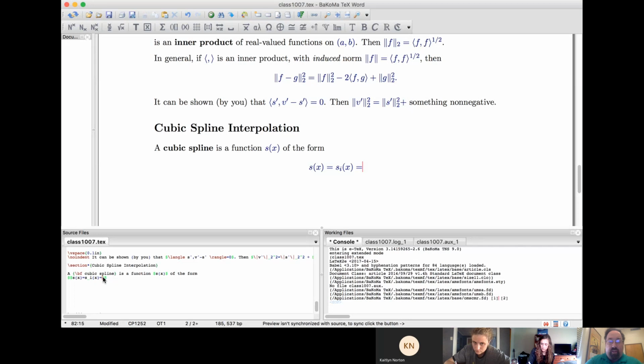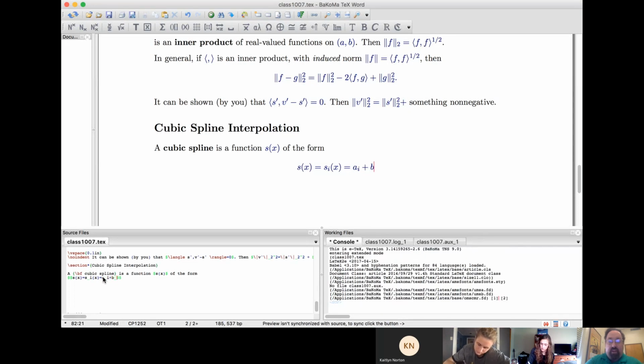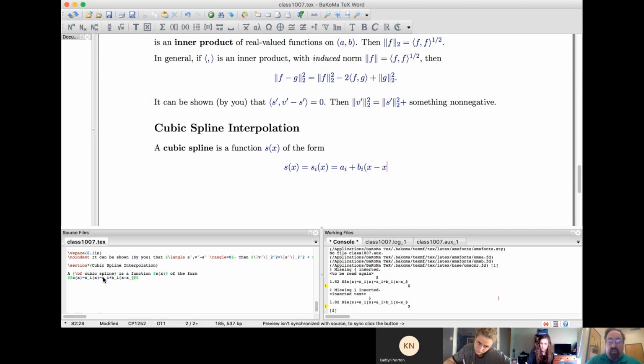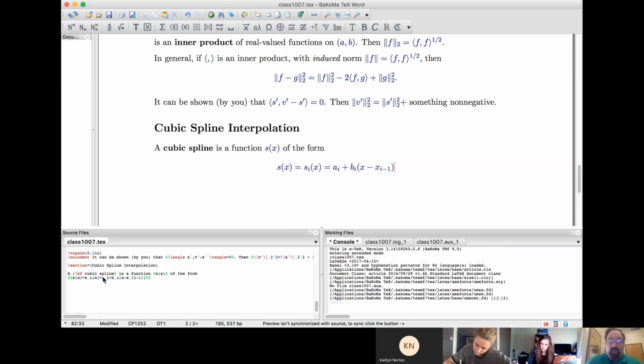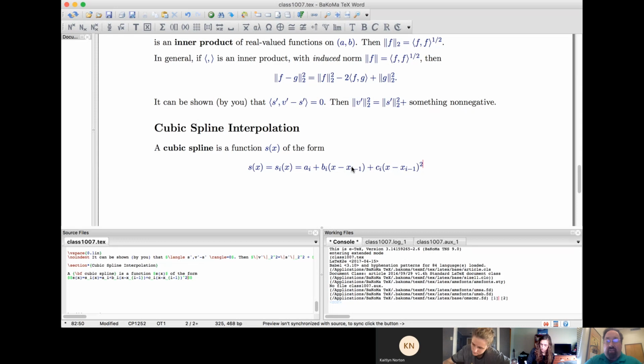And it has this form: a coefficient a_i for the constant term, and then b_i times (x minus x_{i-1}), plus, and so on. So we have a polynomial in x minus x_{i-1}, which I'll explain in a moment why that choice is made.